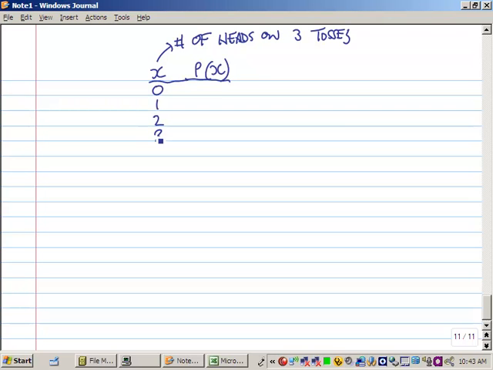And from the previous screen, you see the probability of no heads was 1/8, 1 head, 3/8, 2 heads, 3/8, 3 heads, 1/8 again. And all these probabilities add up to 1. Okay? So basic rules of probability apply here in different sequences, but we have all the probabilities adding up to 1, and we have each of these probabilities somewhere between 0 and 1, and we can work them out by basic counting rules, etc.